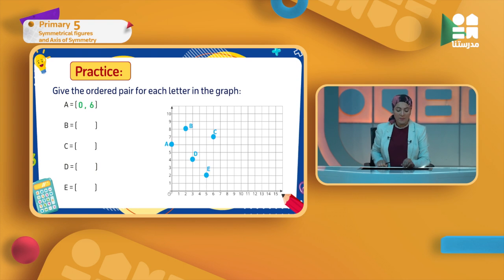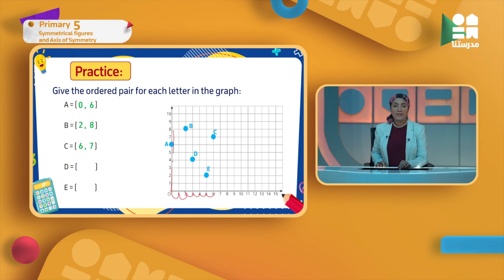Now letter B. I moved from the origin point 2 units to reach the point B, and to the point 8 on the y-axis. So it is 2 and 8. Now point C: on the x-axis I moved to the point 6, and on the y-axis till the point 7.